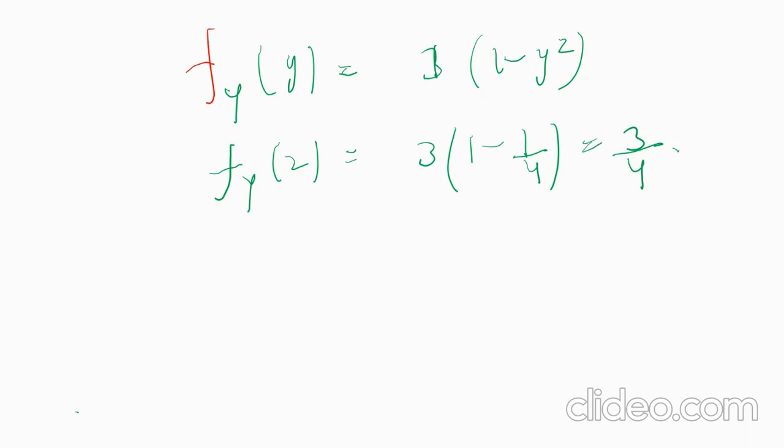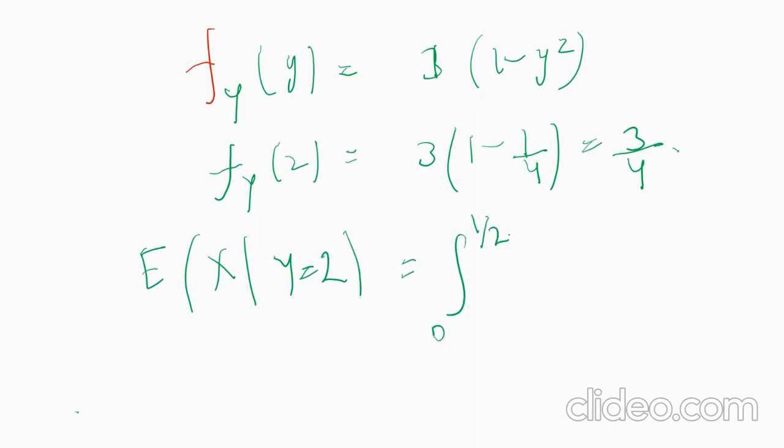Now what we need to find is the expectation of x given y is equal to 1/2. So the expectation of x given y is equal to 1/2 will be what? It will be 0 to 1/2.